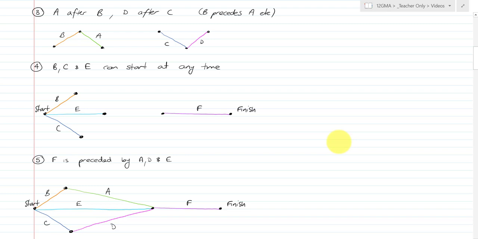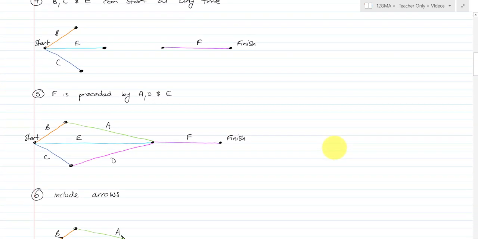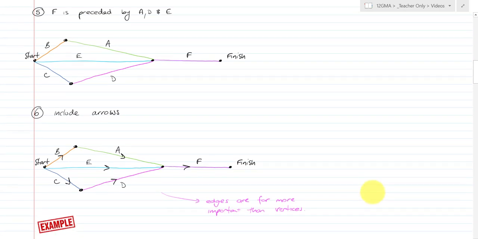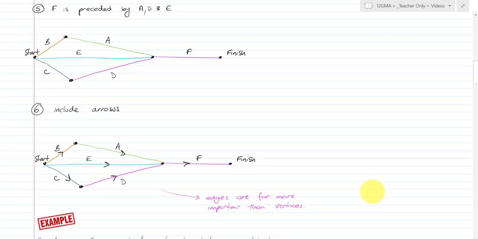Or for example, you might get up and have breakfast first, and then go and have a shower and get dressed and pack your bag, and then brush your teeth. So doing C does not imply you have to then straight away do D. It's just saying that you have to do D after C's already been done. And of course, we include arrows to show the flow of this network. In this case, this is one of those situations where edges are more important than vertices.